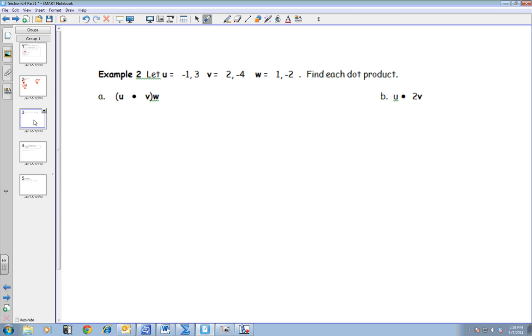Now we're going to use the properties of dot products in order to find a and b. So I know that u is -1, 3, v is 2, -4, w is 1, -2. Find each dot product. So on A, I'm going to find the dot product of u and v first. So here's u, here's v, so that's going to be -1 times 2 plus 3 times -4.